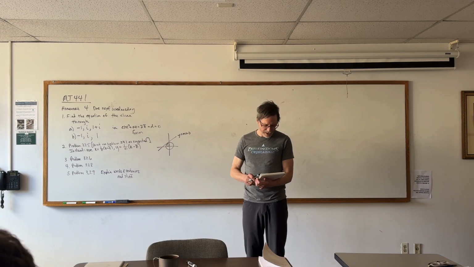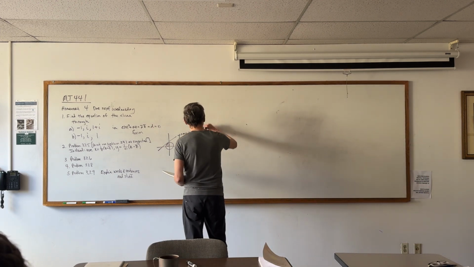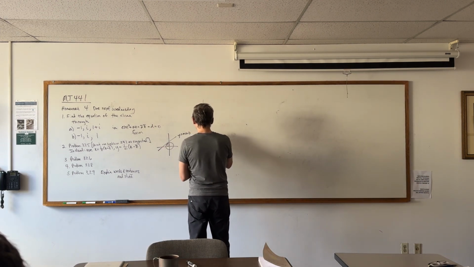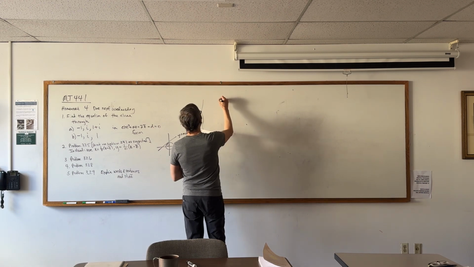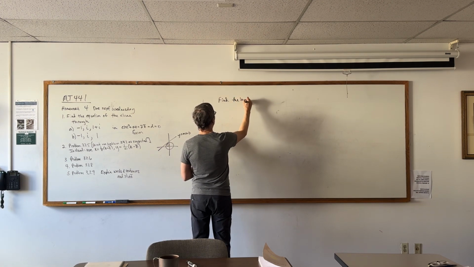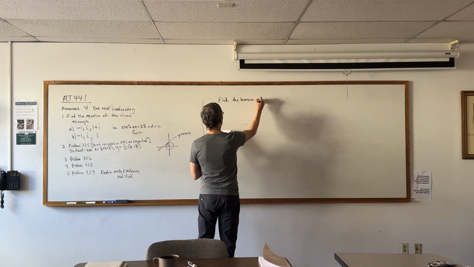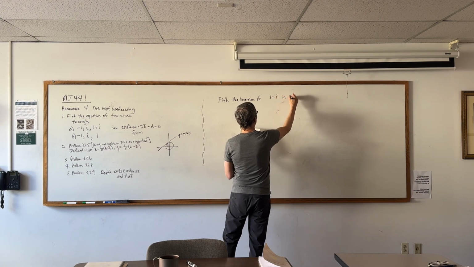Scarily social. Okay, let's just do a little bit of warm up together. This one, probably good to do on your own. Could you please find the inversion? So it's just working problems today. Find the inversion of 1 minus i in the unit circle.